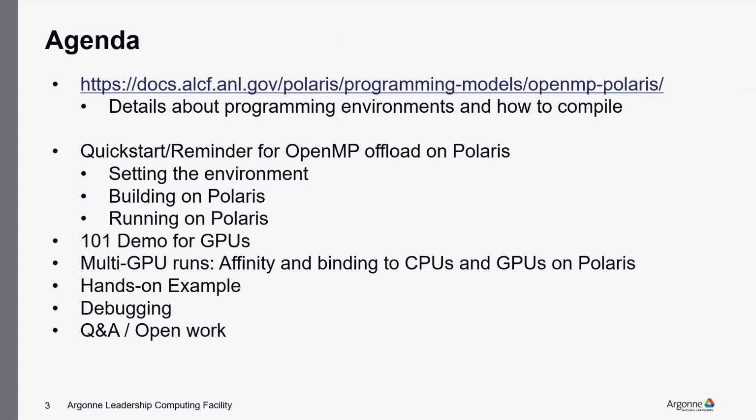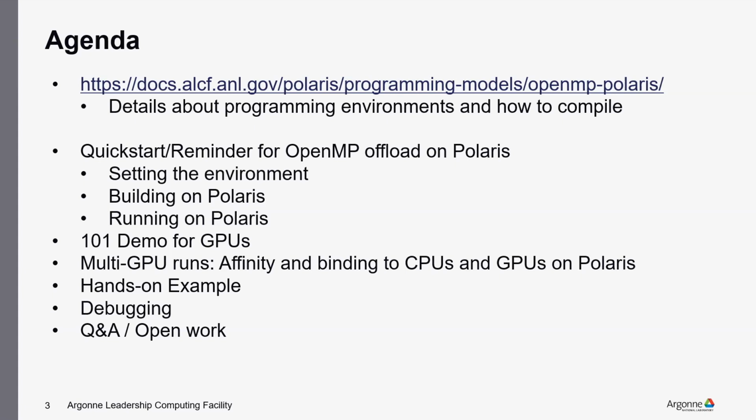So I will go through a bit the OpenMP offload status on Polaris. The target machine we will have exercise on about how to set up the environment, possible compilers you can use for building, running. There's some demo cases you can do, just do your hands-on, log on, get an interactive job, get a node and run things on Polaris.